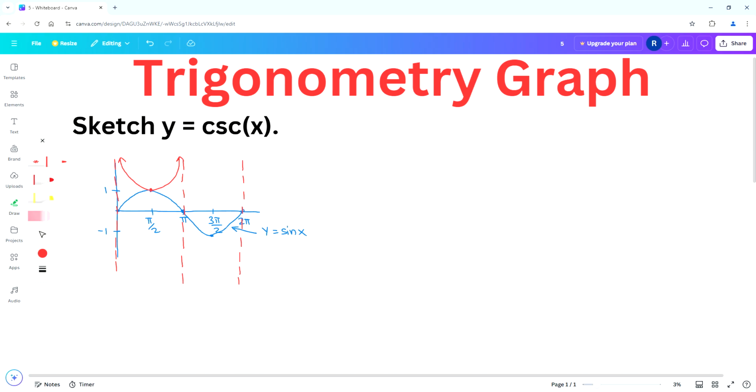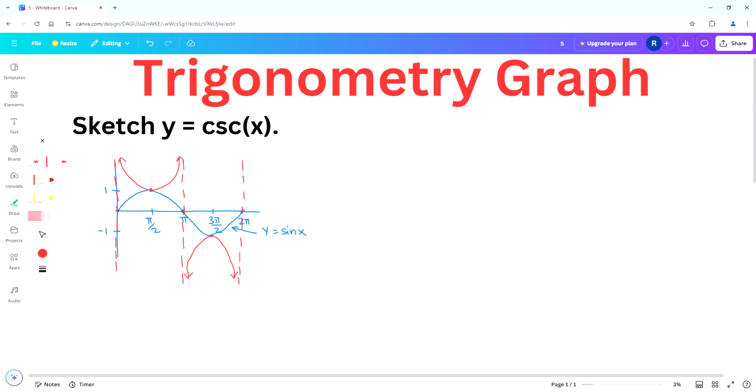And along the two vertical asymptotes, the curve goes down. So we can show the curve like this. So this is how we can sketch the curves for y equals cosecant x between consecutive vertical asymptotes.